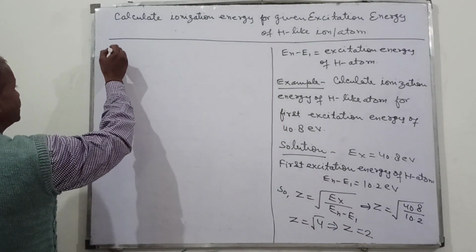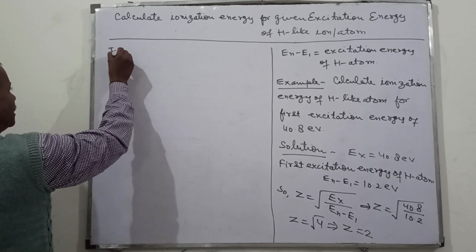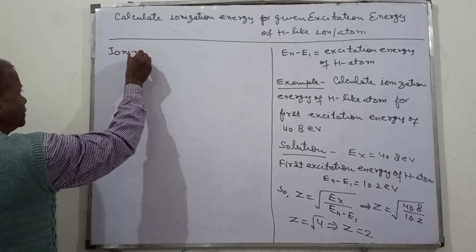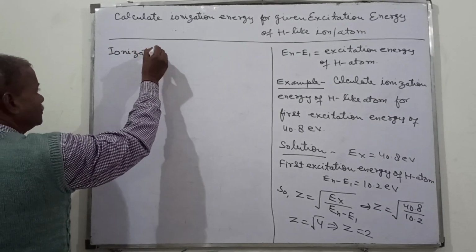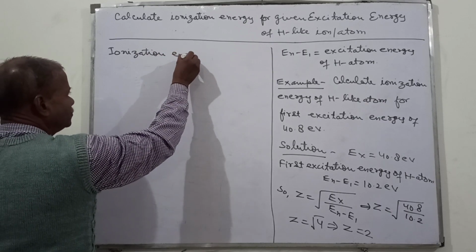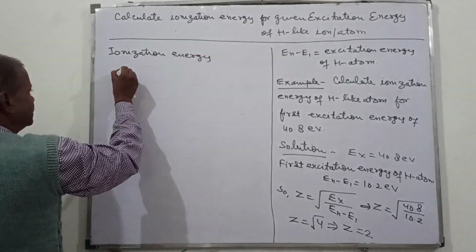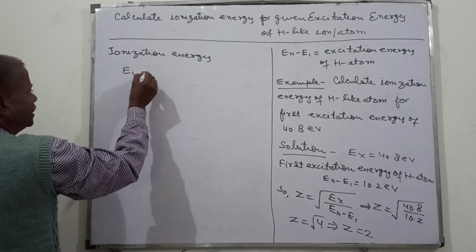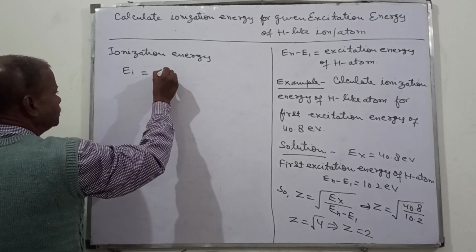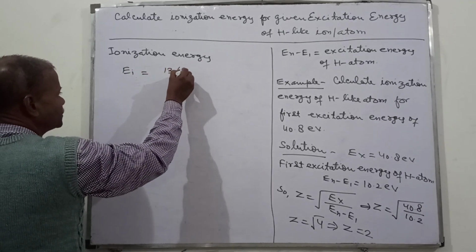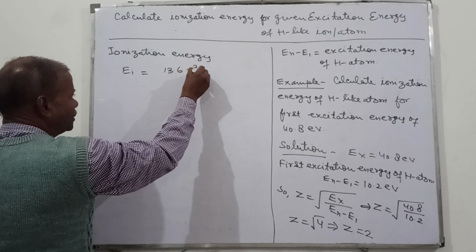So now the ionization energy EI is equal to 13.6 into Z square electron volt.